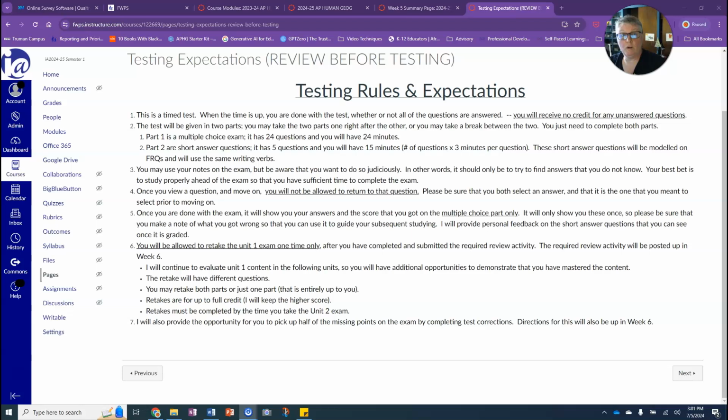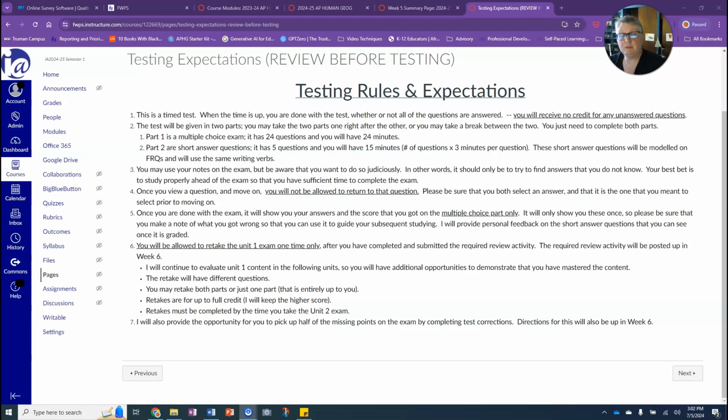Okay. Once you're done with the exam, it will show you the correct answers for the multiple choice part only. I'm actually going to fix it so that you can look at it later as part of the test corrections thing. But you do want to go back and make yourself some notes about things that you were struggling with.